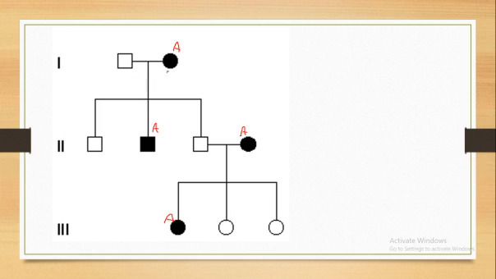The shaded individuals are expressing the trait, the unshaded ones are not expressing the trait, which means they are recessive. We don't need to find the genotypes of these individuals, but still we are doing it. If one is dominant, quite obvious the other is recessive, not showing the trait.